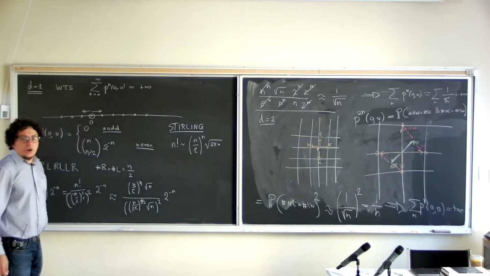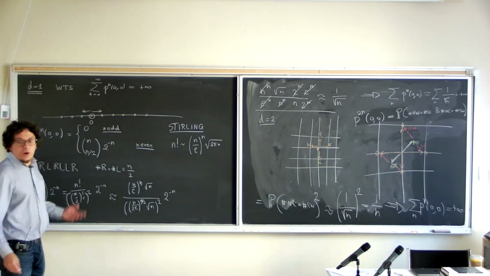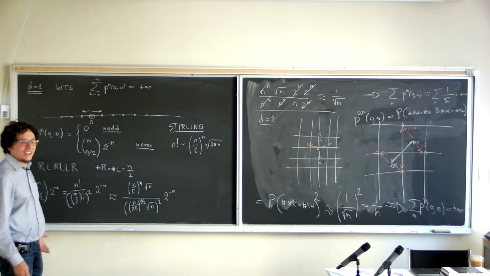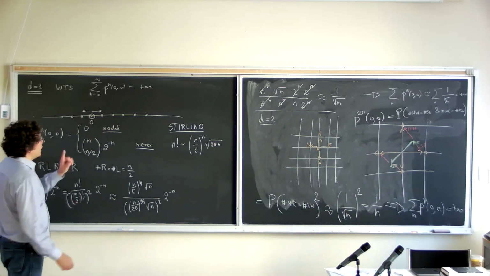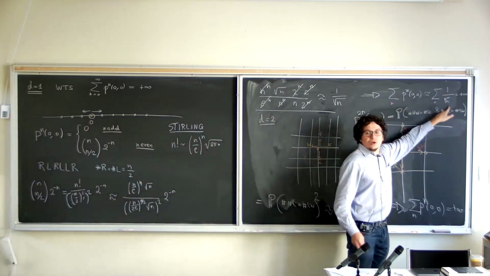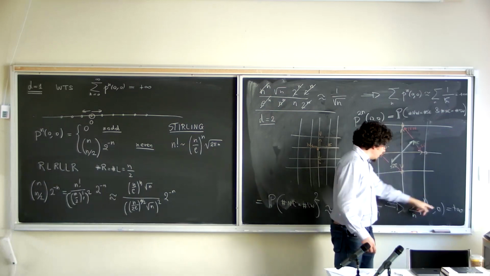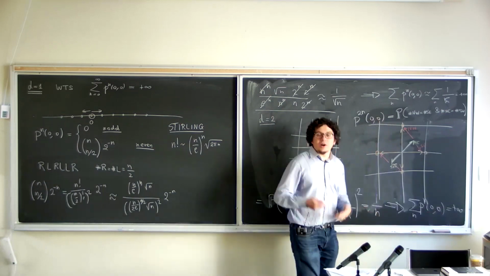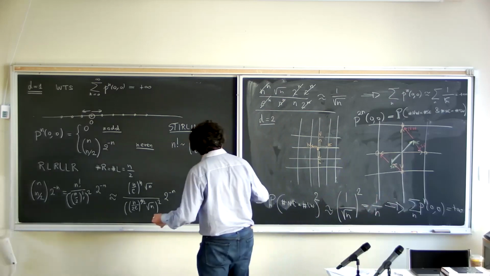So far so good. Now we can kind of guess maybe what happens next. Because in one dimension, the probability grows like 1 over square root of n. In 2 dimensions, it grows like 1 over n. And what about in 3 dimensions? What do you think?